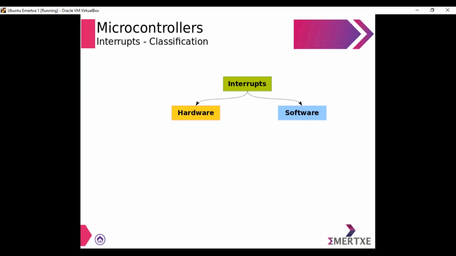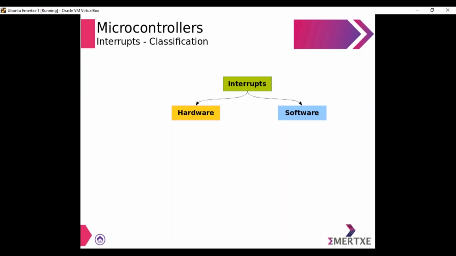Going ahead in your Linux internals module, you'll come across some system calls which literally raise an interrupt. If the interrupts are caused by software, we call them software interrupts. So interrupts are mainly classified into hardware interrupts and software interrupts.